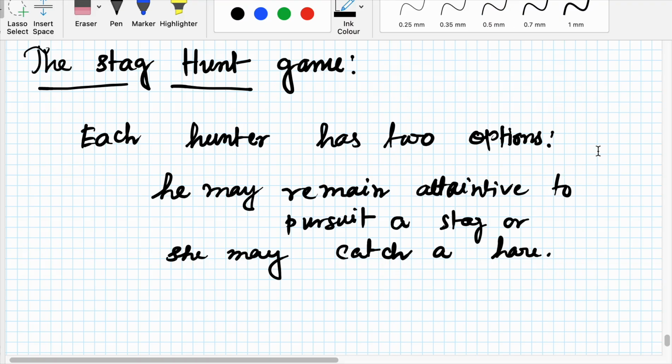Now, if all hunters pursue a stag, they catch it and share it equally.